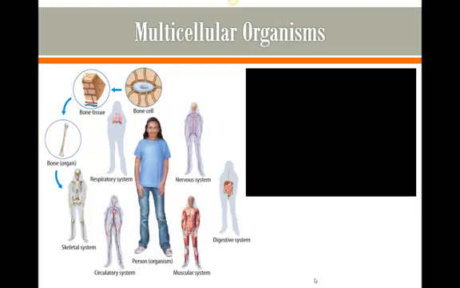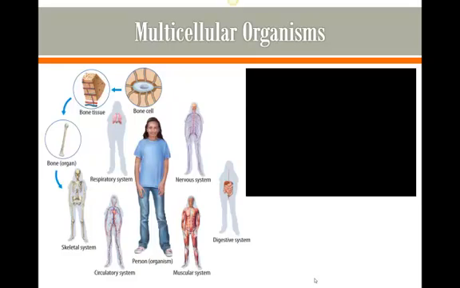Tissues that are grouped together working for a common function are called organs. Organs that are grouped together for a common function are called a system. And then all the systems in that organism are referred to as the organism. And that's how the levels of organization of cells go through.